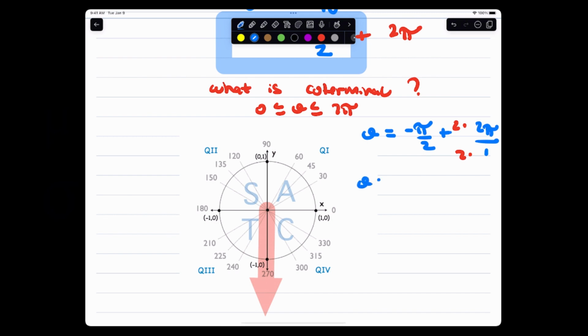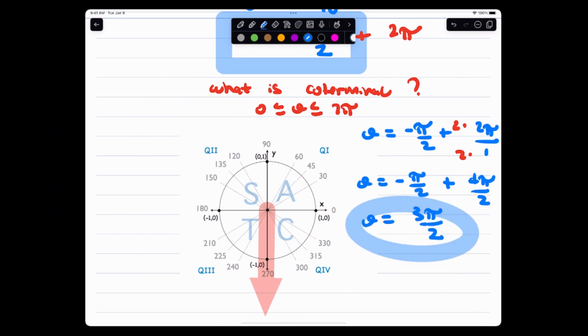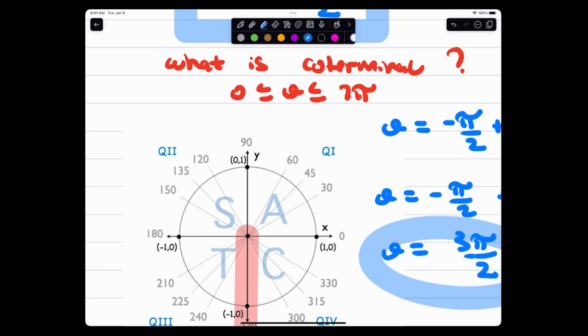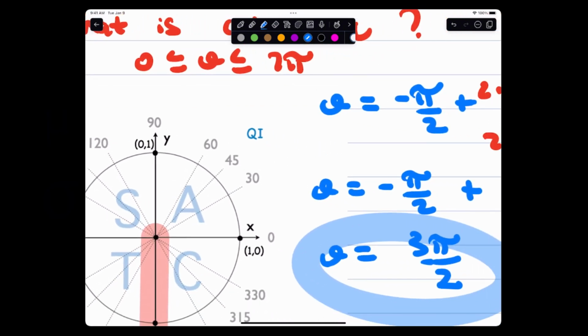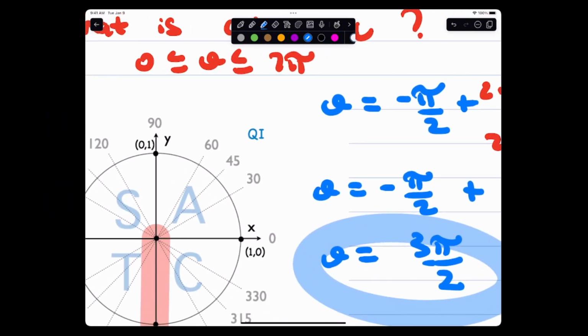And you get theta to be negative pi over 2 plus 4 pi over 2. And what does that give you? 3 pi over 2. So, ladies and gentlemen, this is every gory detail. That is acceptable as an answer because 3 pi over 2 is in the interval from 0 to 2 pi. Is that true?